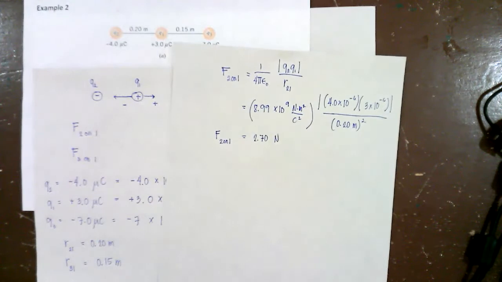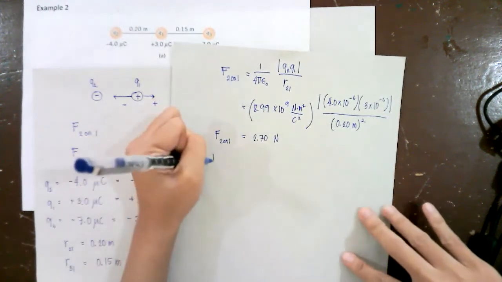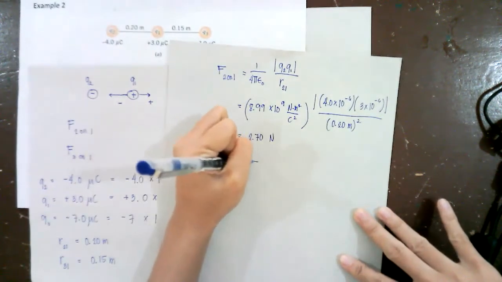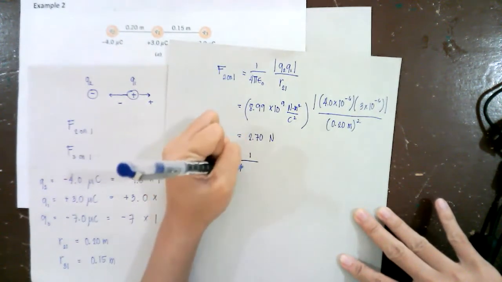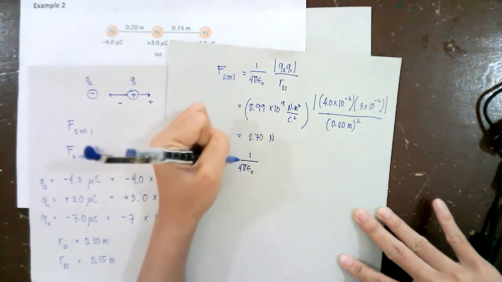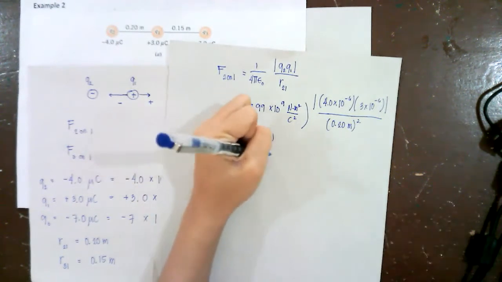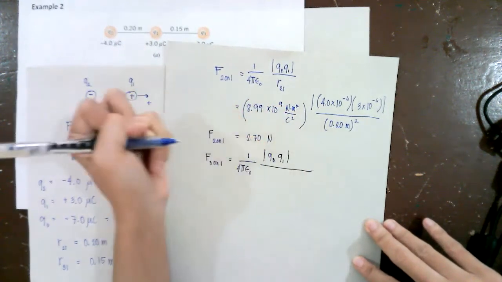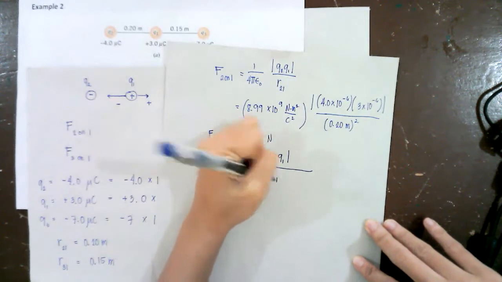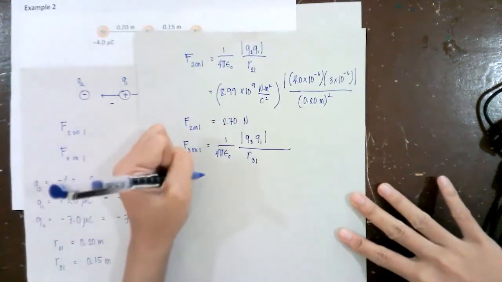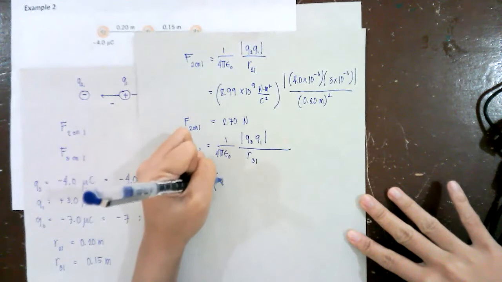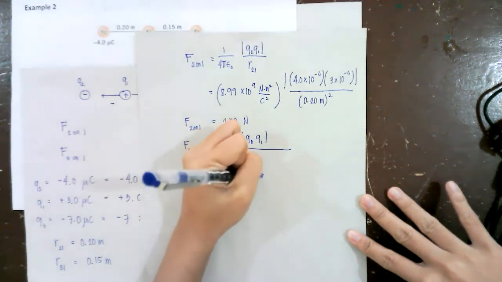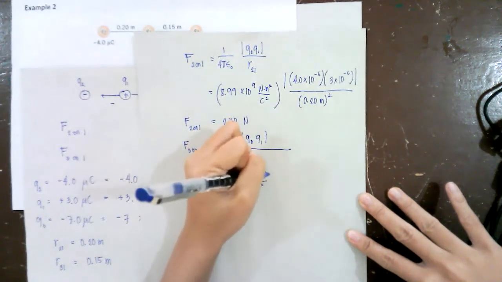Now, what about force 3 on 1? So you will do the same but with a different given, since different yung magnitude ng Q3 natin and Q2. So I'm sorry, that's 3 on 1. So I will substitute this with the given, 8.99 times 10 raised to 9 Newton meter squared over c squared.